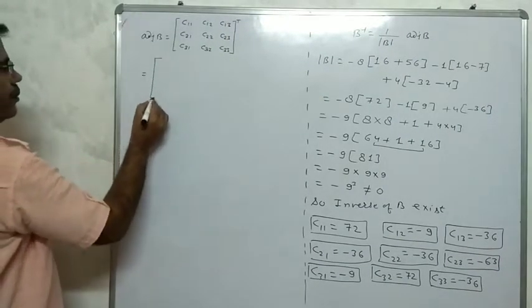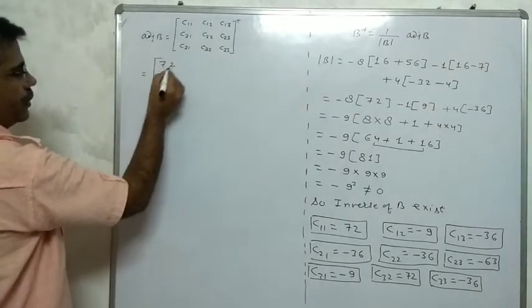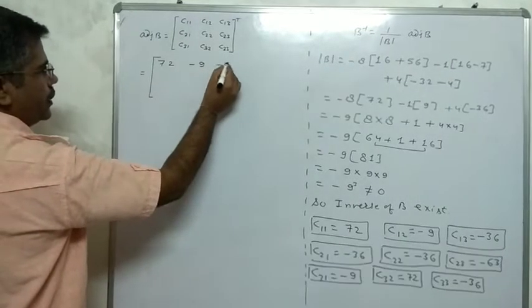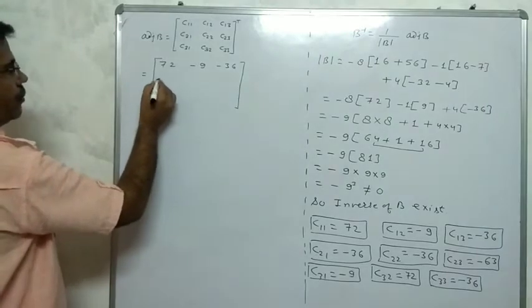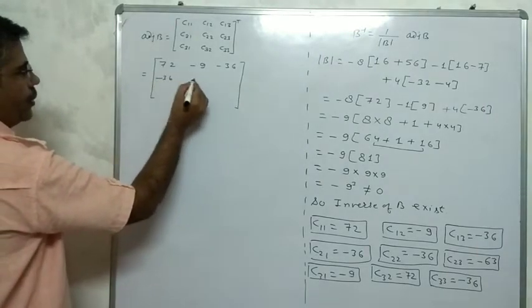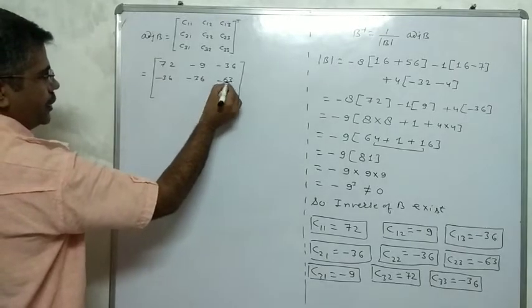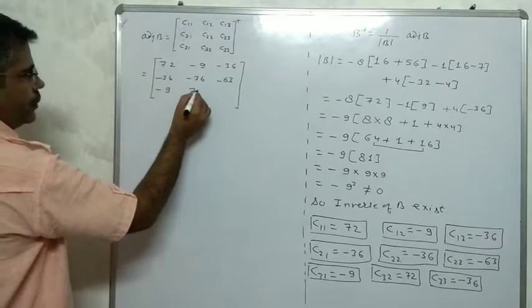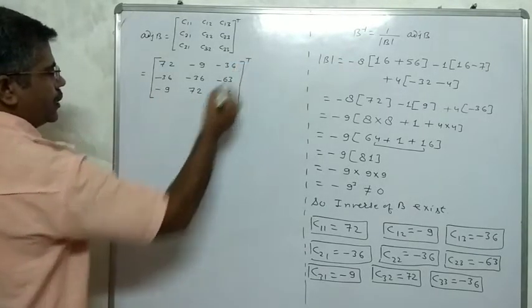We put the values: 72, minus 9, minus 36, minus 36, minus 36, minus 63, minus 9, 72, minus 36, transpose.